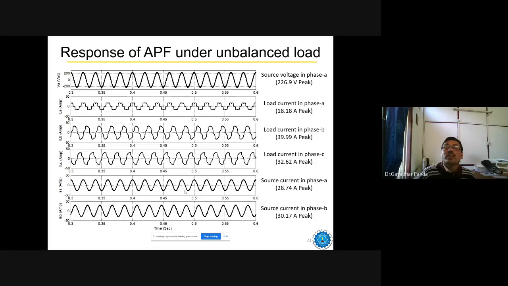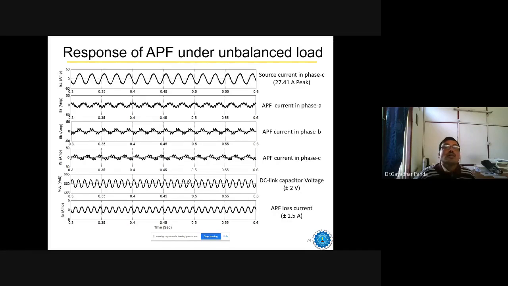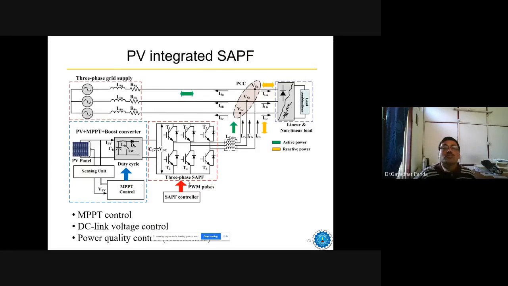Here also we have taken the unbalanced load, because the three-phase load we have connected. There also we have checked that the active power filter is working satisfactorily. This is the unbalanced load, all those things we have discussed.